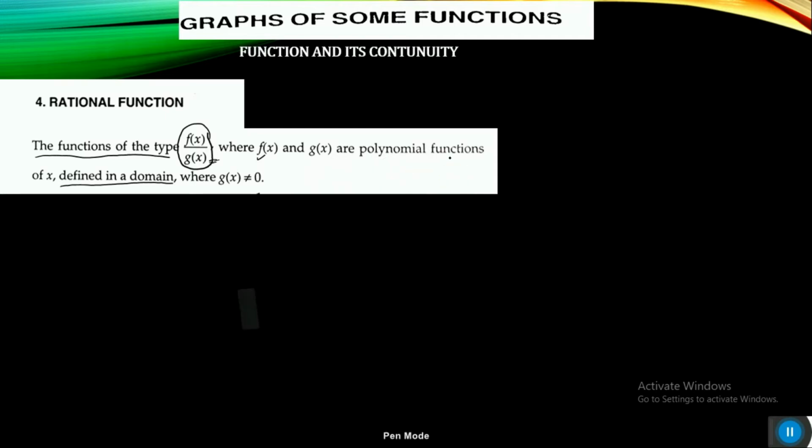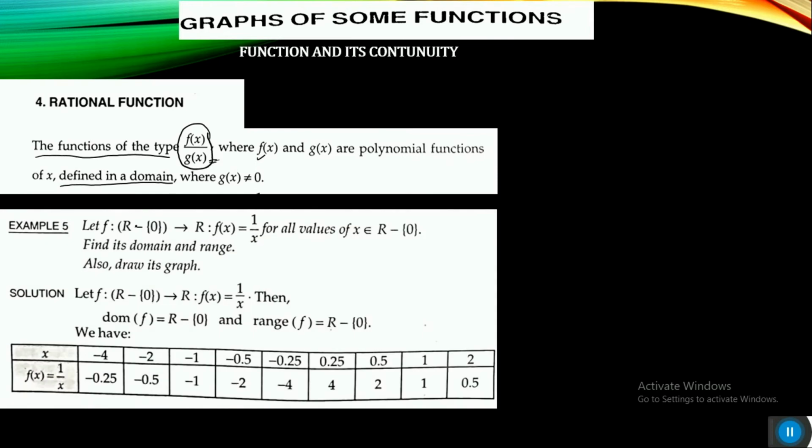Okay, so now look at this function first. f(x) is equal to 1 by x. Now if I tell you to choose any value for x, you can choose any value. You can choose minus 1, minus 1.5, 2.5, 2.3356.